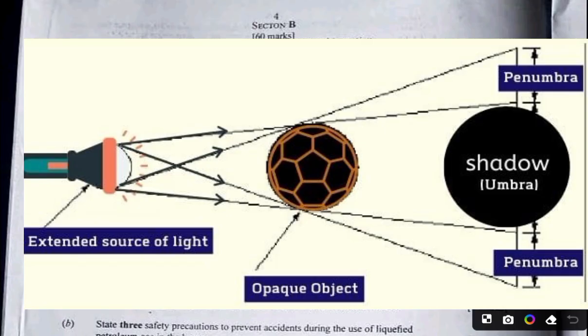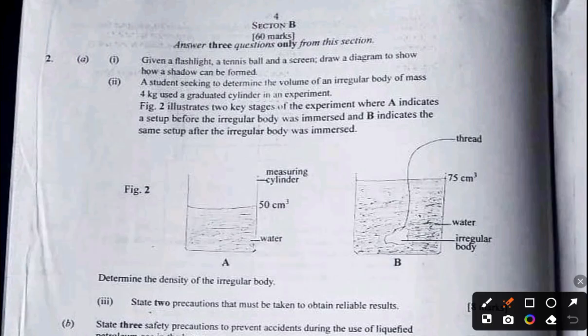Now, at first, I could just ask you to draw a diagram to show formation of shadow. But right now, the dynamics have changed, as I mentioned. Where the opaque object is, you are supposed to label it as a tennis ball. So the questions are now more practical and you should be able to relate with it.